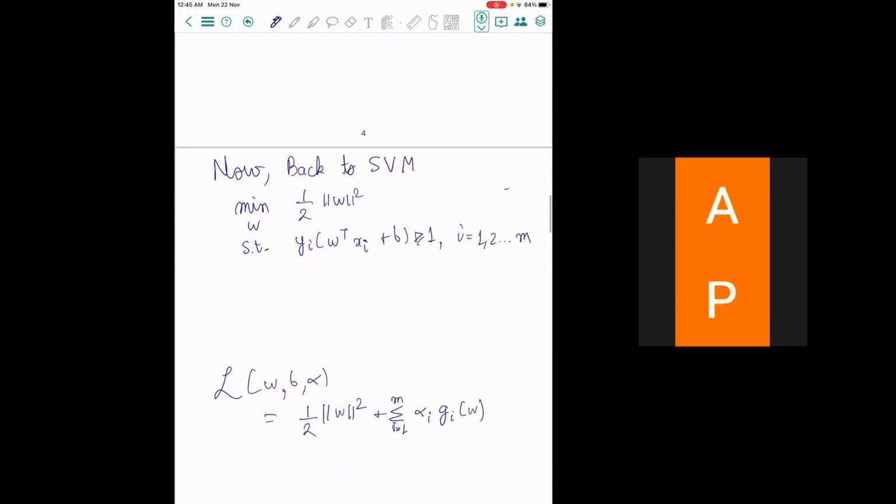In SVM, our problem was minimizing over W, half of the norm of W square, such that these conditions are satisfied. So first of all, we define a function g_i. What is g_i? g_i is just minus of y_i (w^T x_i + b) plus 1. Why are we doing that?